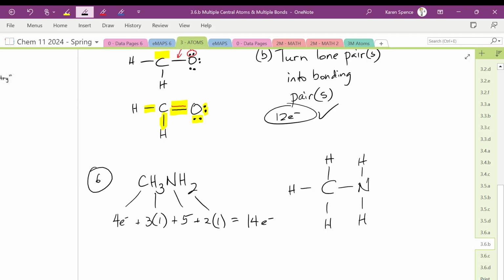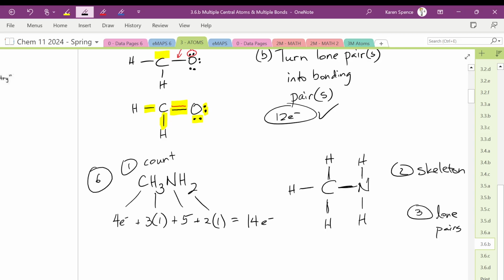All right. So step number 1 is count. Step number 2, skeleton. What's step number 3? Lone pairs. Who needs lone pairs here? Nitrogen, because carbon has 2, 4, 6, 8.